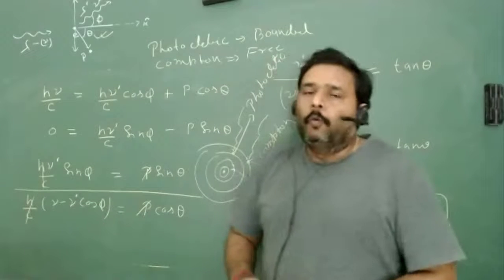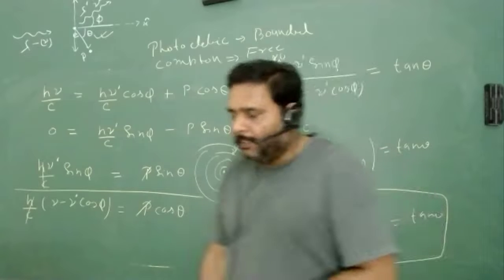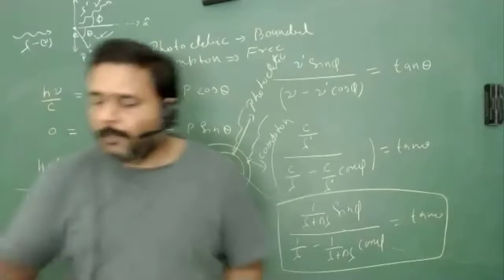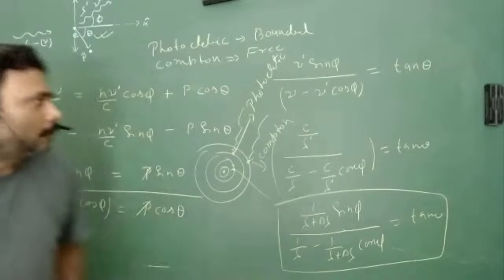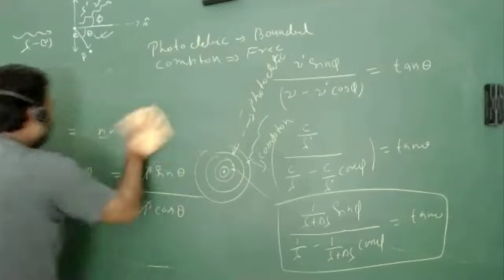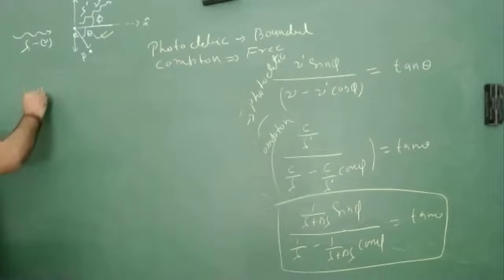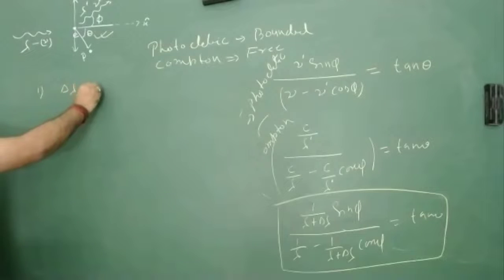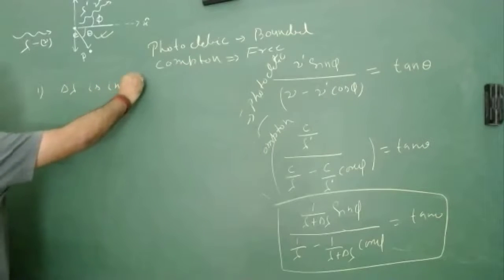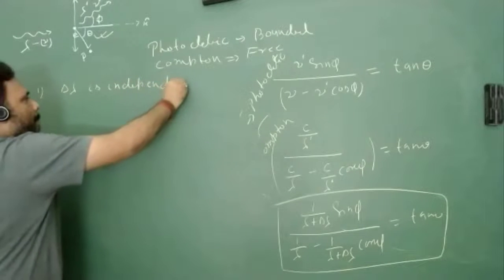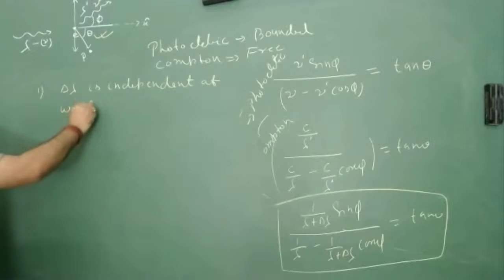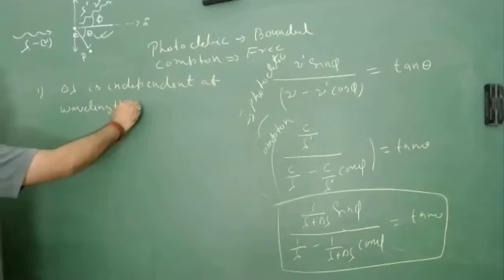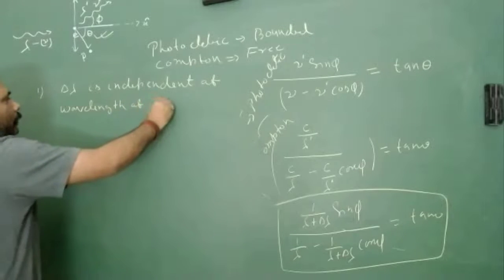So now, what are the main properties we have observed in the Compton effect? I will give you all the information. First observation: delta lambda is independent of the wavelength of the incoming wave.